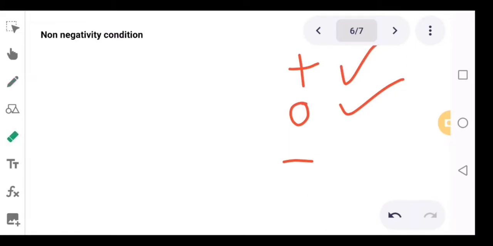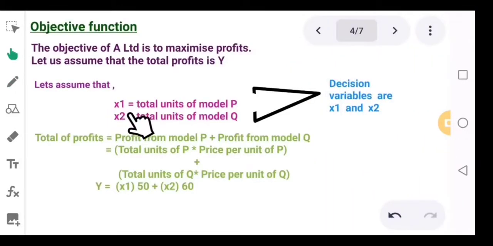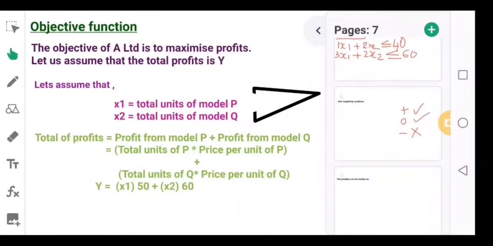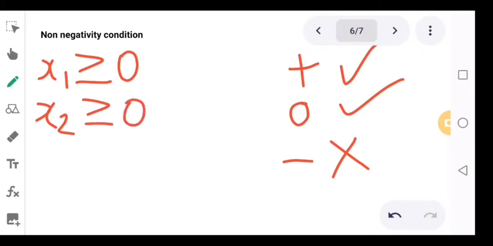It can be positive, it can be 0, but it cannot be negative. What can't be negative? Your decision variables, x1 and x2. So you can write this as x1 has to be greater than or equal to 0, and x2 has to be greater than or equal to 0.